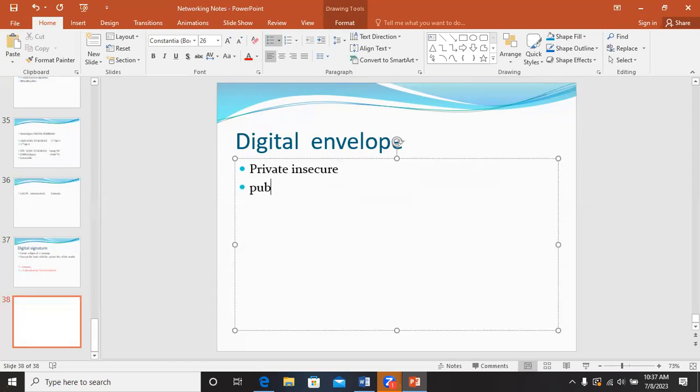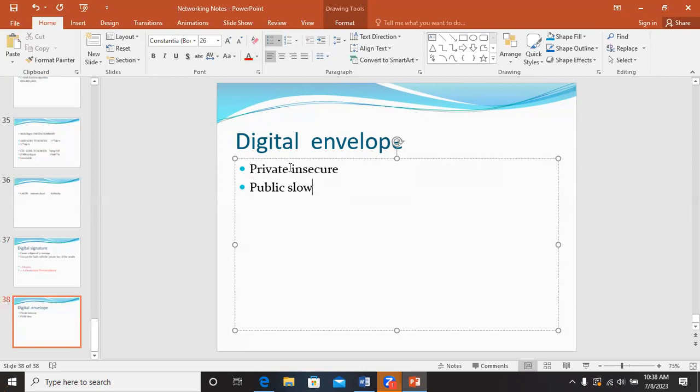Then we have public key cryptography, which is secure. I forgot to mention, it's slow. It's slower compared to private key cryptography, but it's more secure. So these are the two disadvantages.